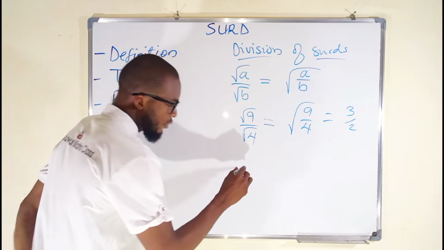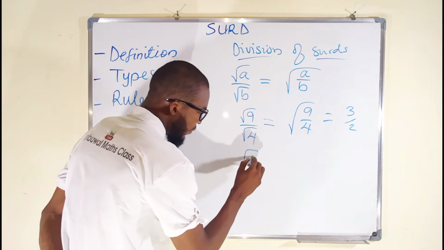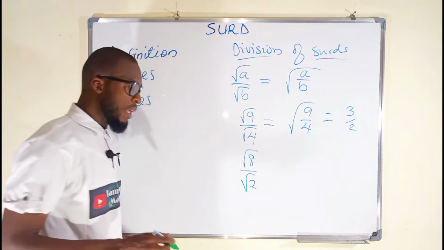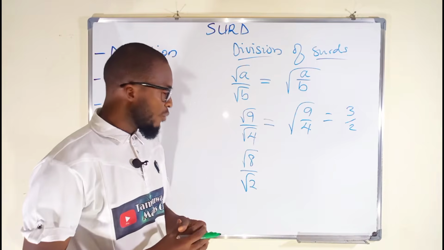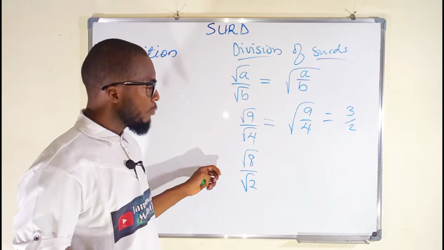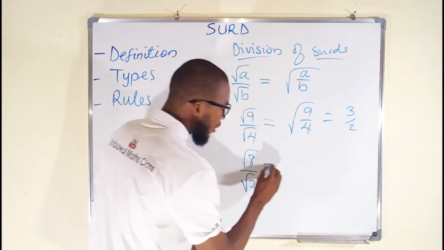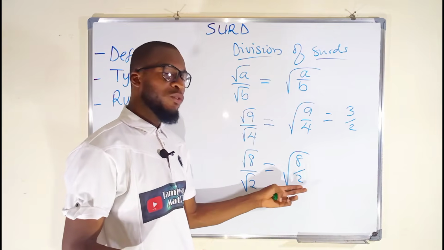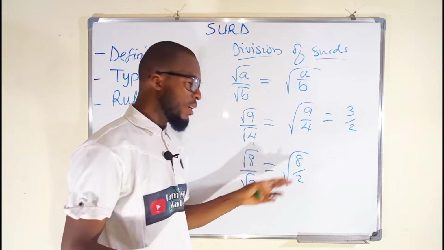Let me give you an example. Suppose we have square root of 8 divided by square root of 2. 8 and 2 are non-perfect numbers, so our answer will remain like this forever. But with the help of this rule, we can combine them as square root of 8 over 2. And you know that 2 is a factor of 8, so it can go there without remainder.